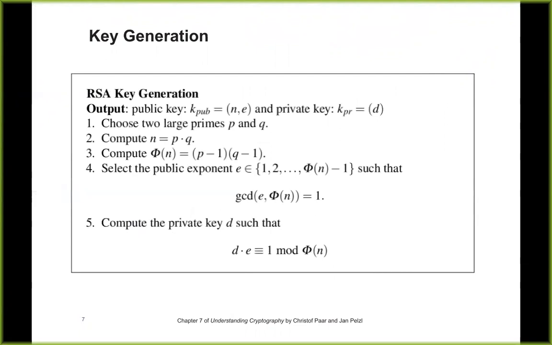And you get the private key D, the multiplicative inverse of E mod phi. And that will undo it. That is kind of not obvious, but this can be done quickly. And so then you publish N and E to the world. You don't tell anybody P and Q, and therefore you don't tell anybody D. And anybody can encrypt stuff to you, and only you can decrypt it.